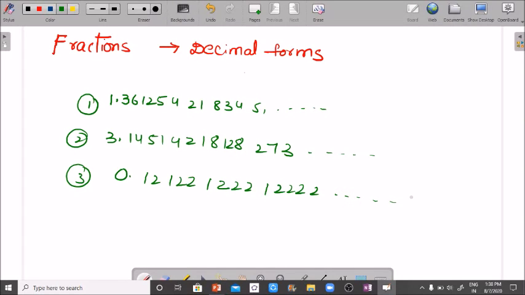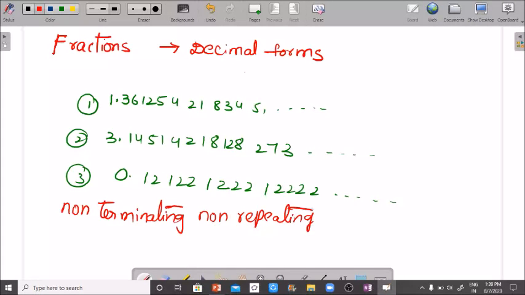These are also not repeating decimals. These decimals are non-terminating, non-repeating.